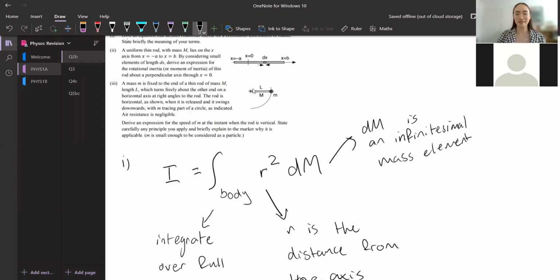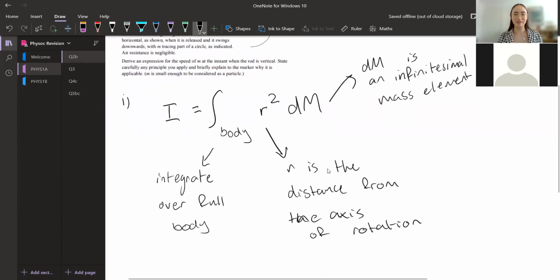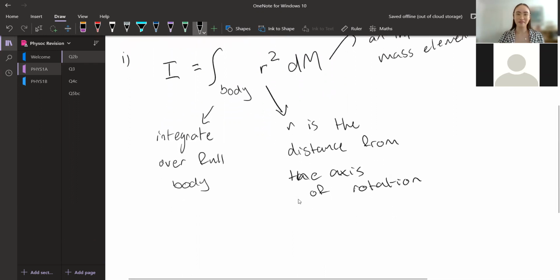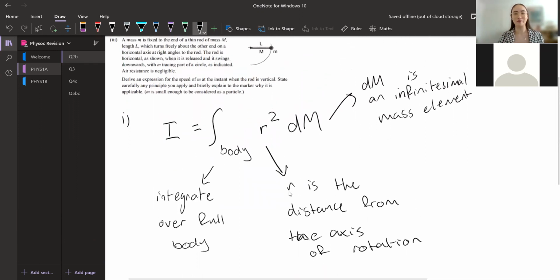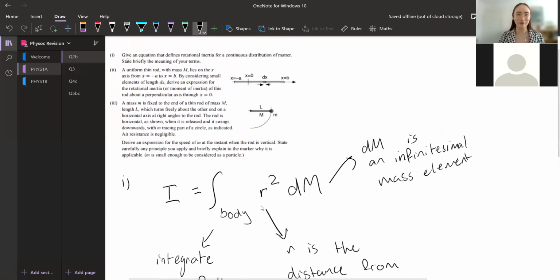So we're essentially looking at whatever solid system this is with mass and volume, and we're integrating all the tiny little mass elements by the distance from the center of rotation squared. And that gives us this moment of inertia, which helps us to define any rotational motion later on.